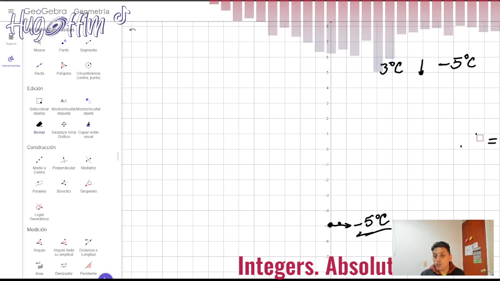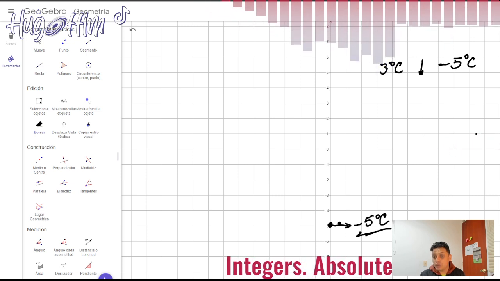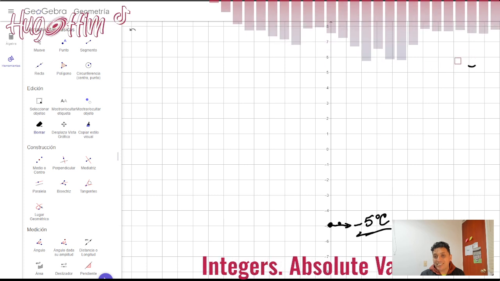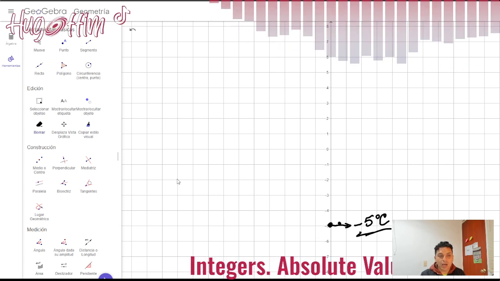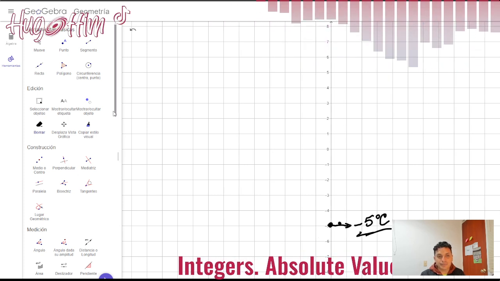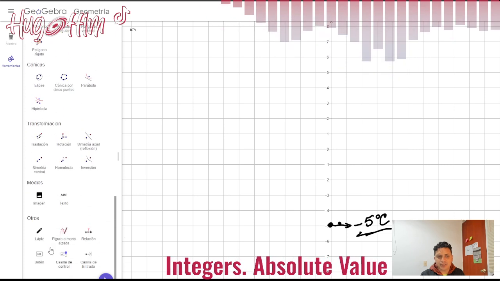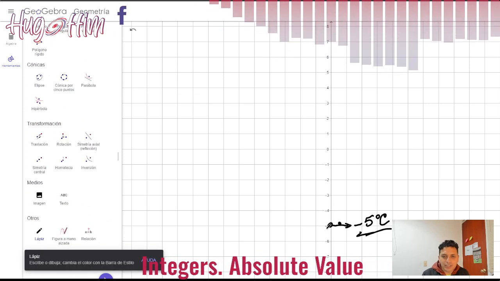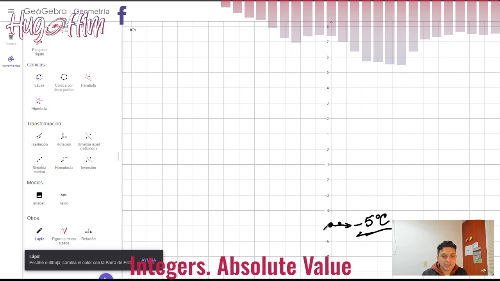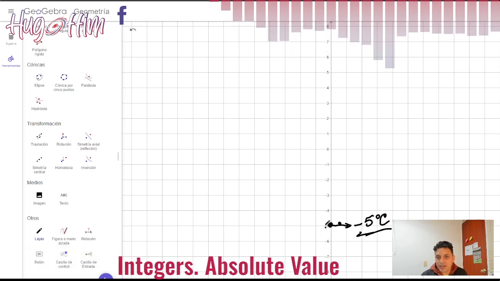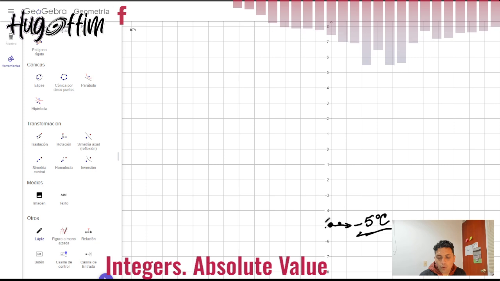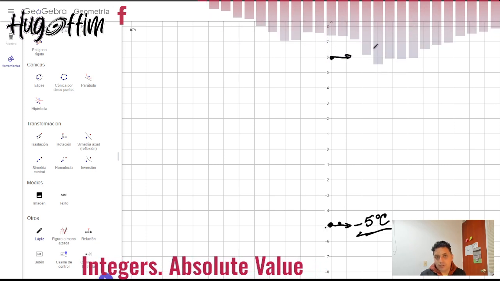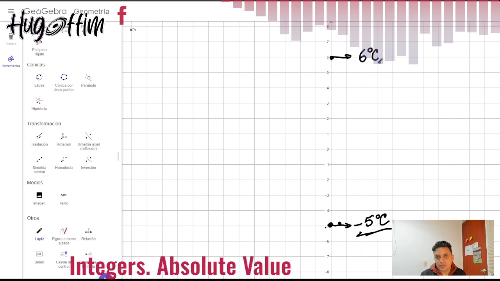And I want to increase the temperature until I reach 6 centigrade degrees. Let's say that you have ice or any liquid or any solid that is at -5 centigrade degrees, and I want to heat it up. I want to get it warmer until 6 centigrade degrees. I want to move here until 6 centigrade degrees.